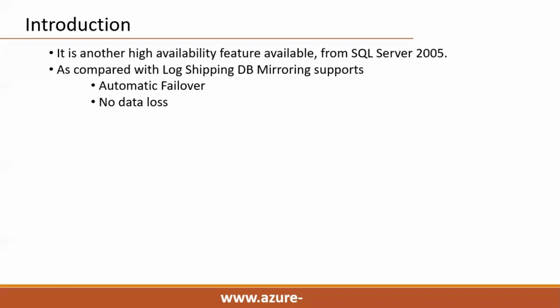In the case of synchronous mirroring, remember, there is no data loss scenario. We'll see it again in the architecture. It means there is no need to take a tail log backup here. If principal is down, no need to take a tail log backup, so automatically mirror becomes principal.